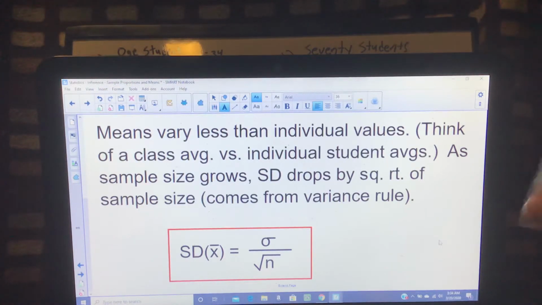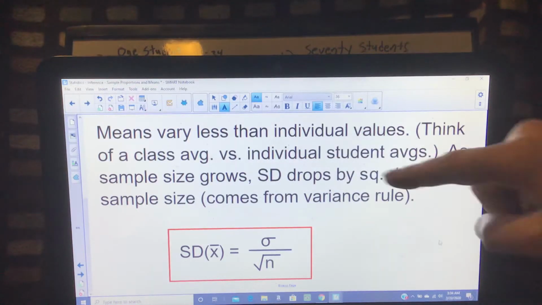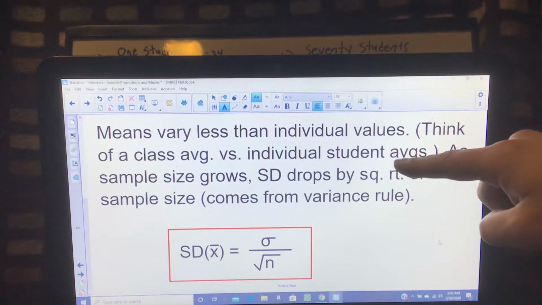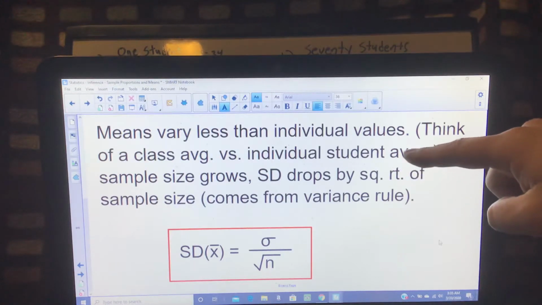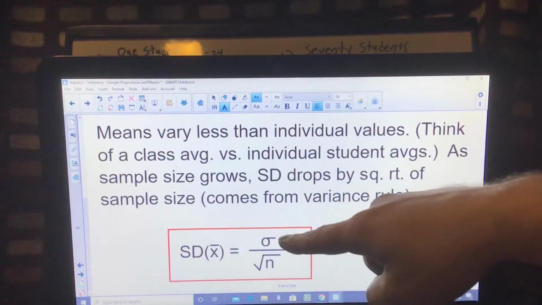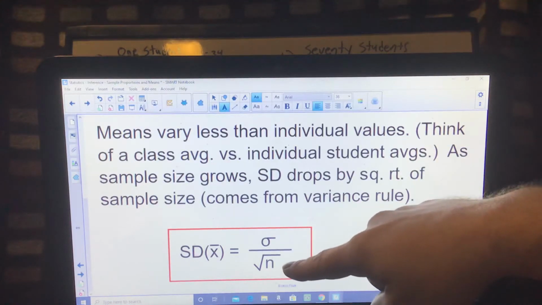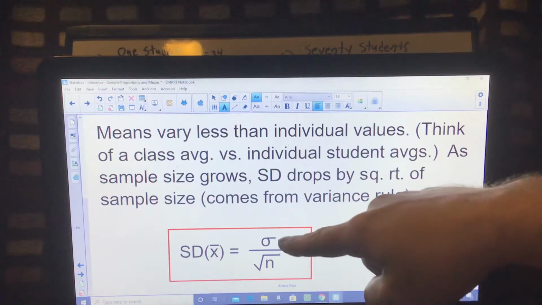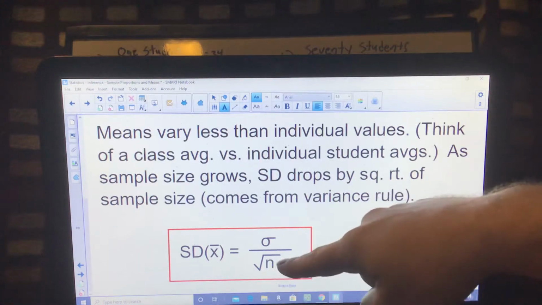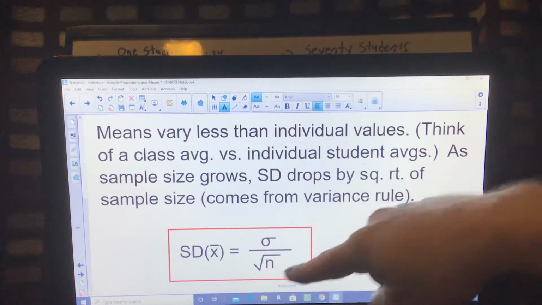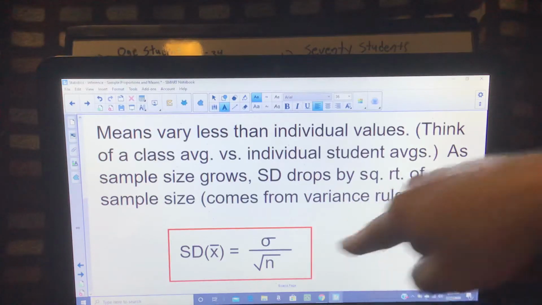So once again, I could use this on the student example. If students normally have a standard deviation of maybe 25 points, and I end up having a class of 30, I'd have to take the 25 and divide by the square root of 30. That would shrink the individual standard deviation down and make the class a lot harder to move around.